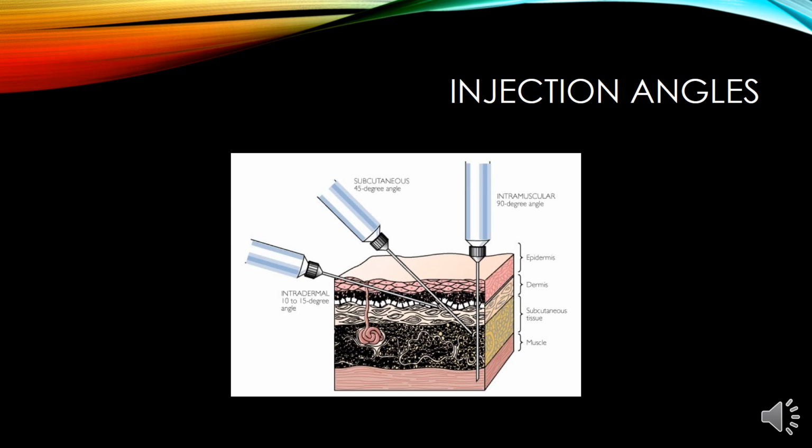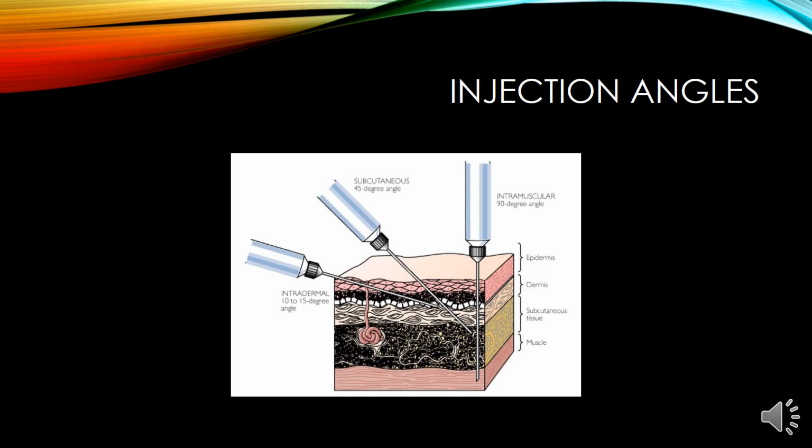These would be your patient's body composition, or quite simply how large your patient is. If they have more subcutaneous tissue, you may use a 45 to a 90-degree angle for subcutaneous injections.